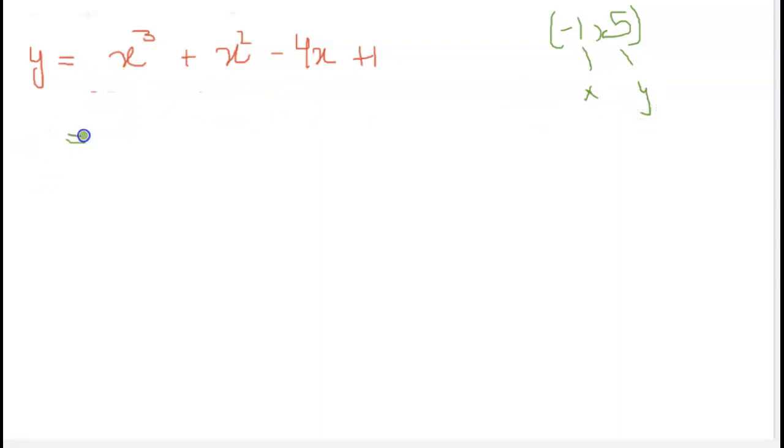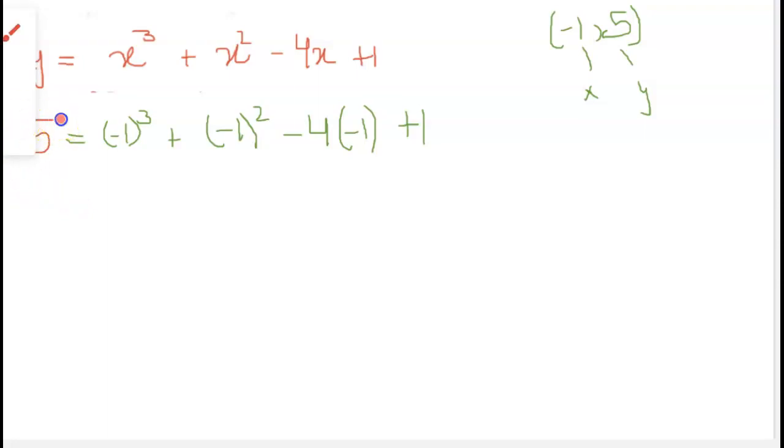In this equation, just put minus 1 where there is x. So minus 1 cubed plus minus 1 squared minus 4 times minus 1 plus 1. When you put that in the calculator, the answer for y will be 5. So that's where this 5 comes from. Which means when x is minus 1, y has to be 5.